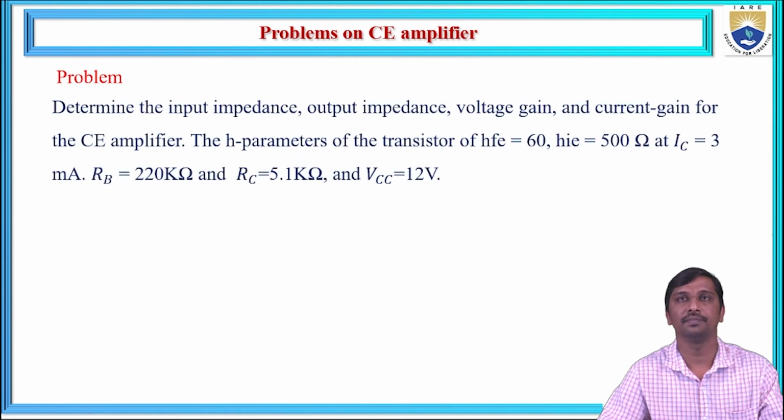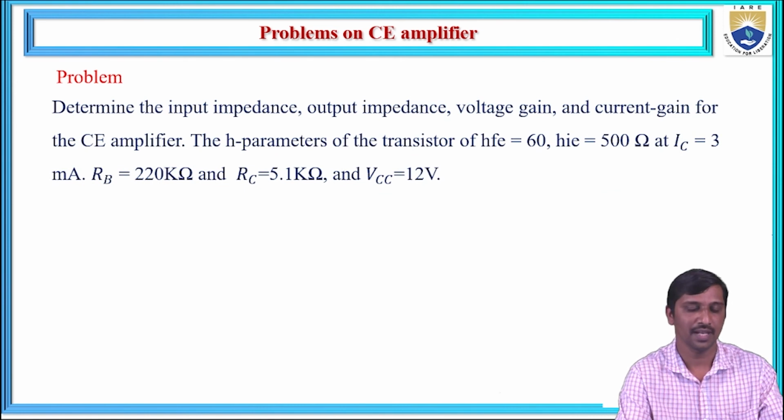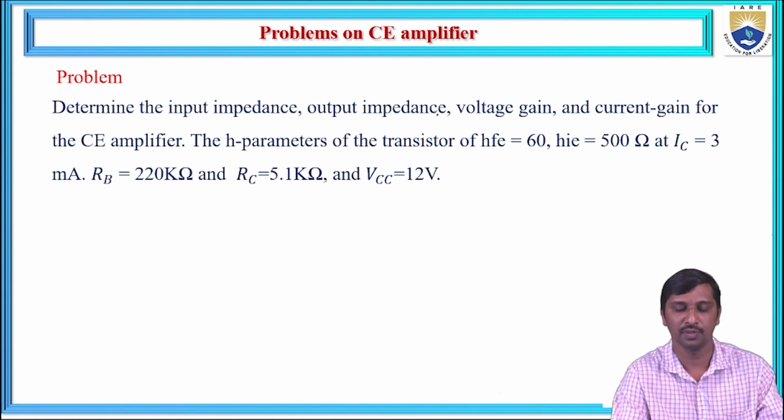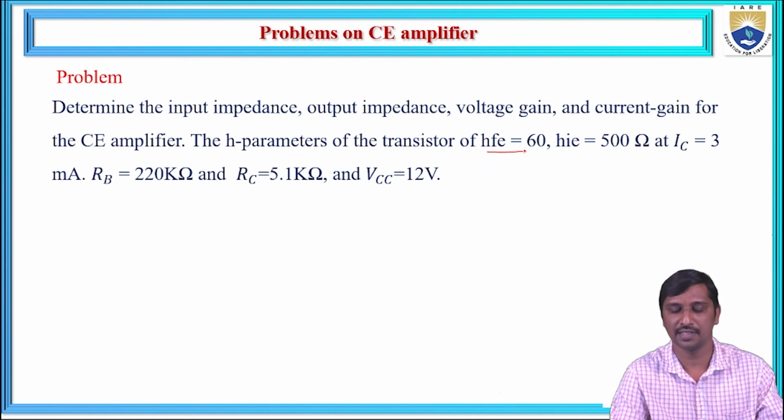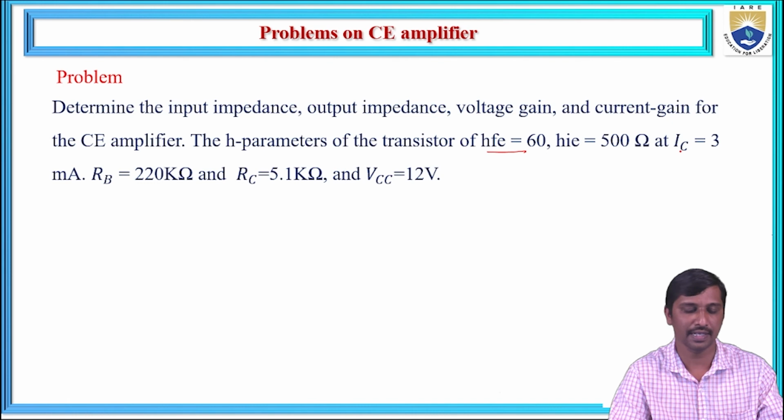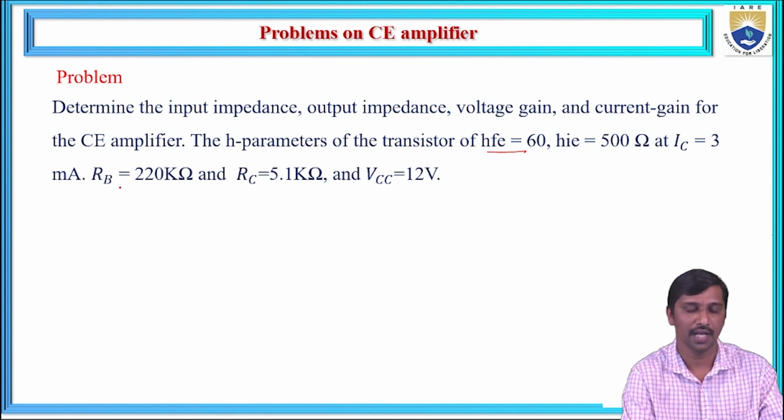We'll see another problem. Determine the input impedance, output impedance, voltage gain and the current gain for the common emitter amplifier. For this case, the h parameters of the transistor are hfe is 60, hie is 500 ohms, the collector current IC is 3 milliamps, the base resistance is 220 kilo ohms, the collector resistance is 5.1 kilo ohms and the biasing voltage is 12 volts.